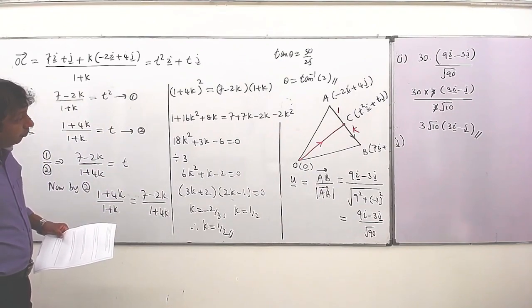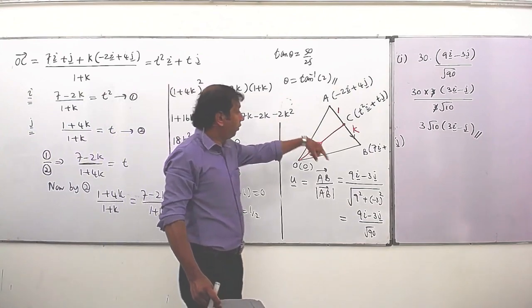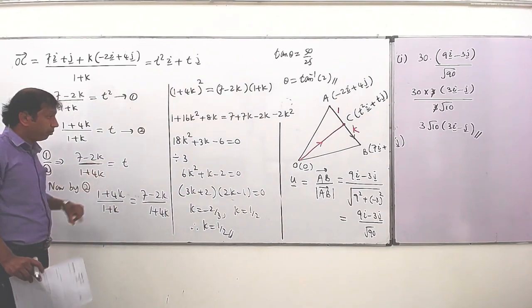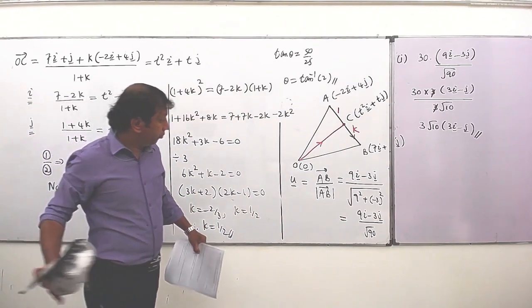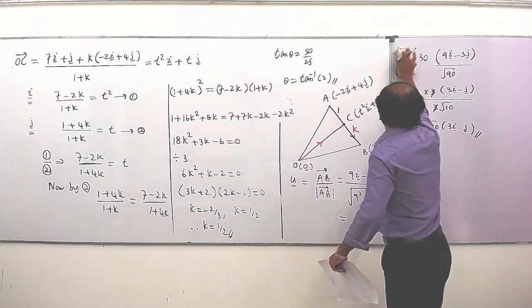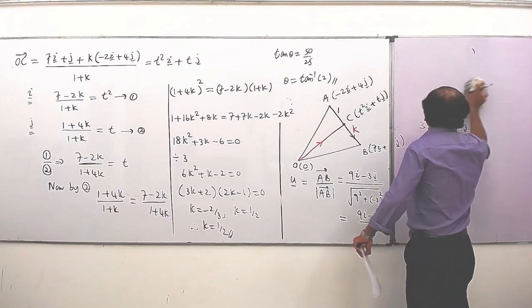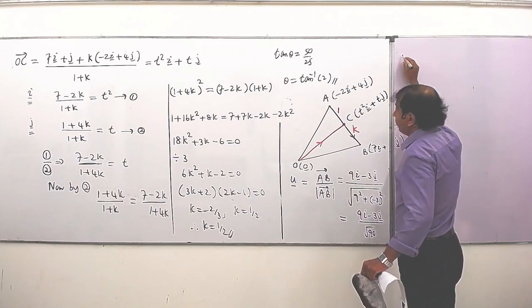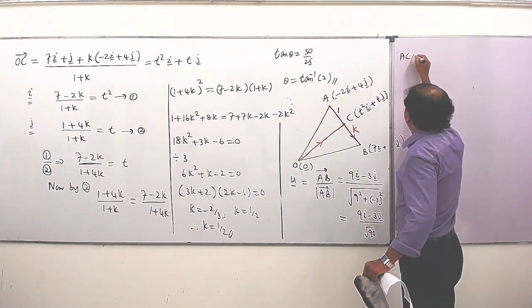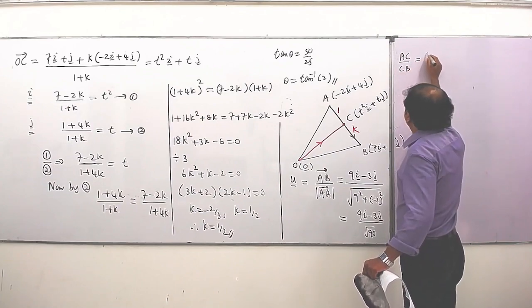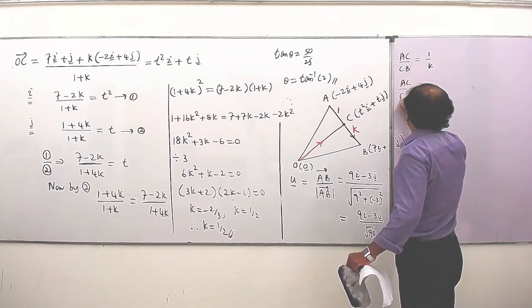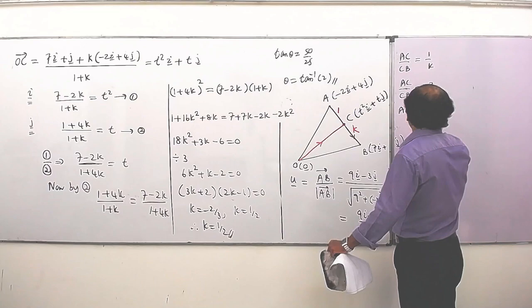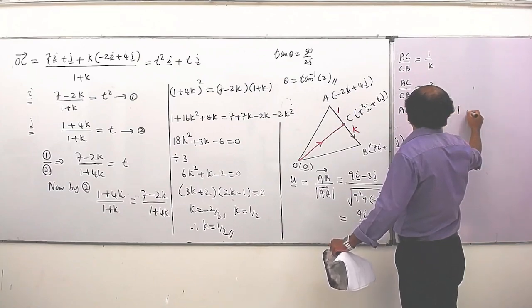When k is half, you can write the AC to CB ratio. And t can be found, put in k half here. You see how to take that now? We can write the AC to CB ratio as k over 1. AC to CB, k is half, no, that gives us AC is to CB equals 1 is to 2.